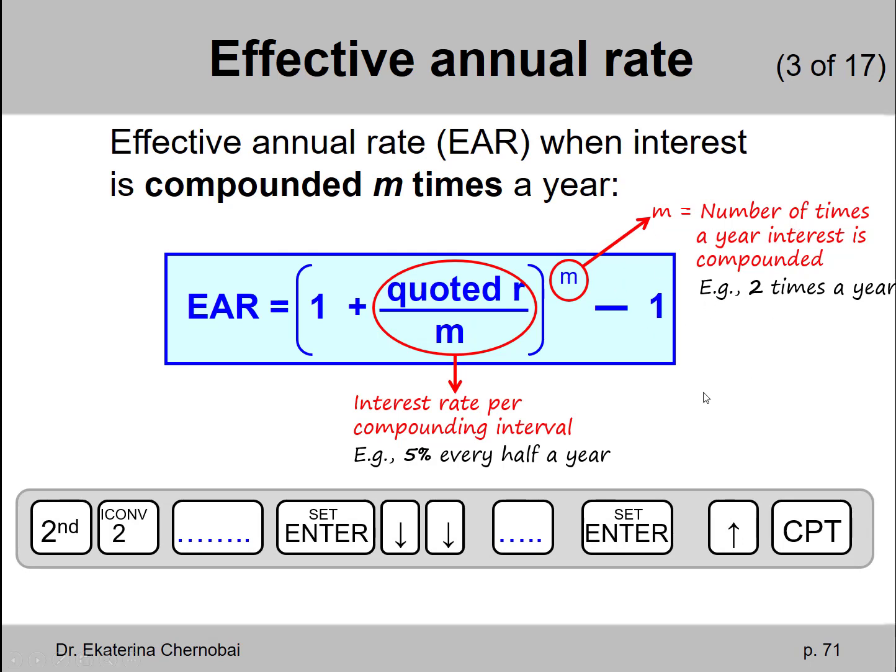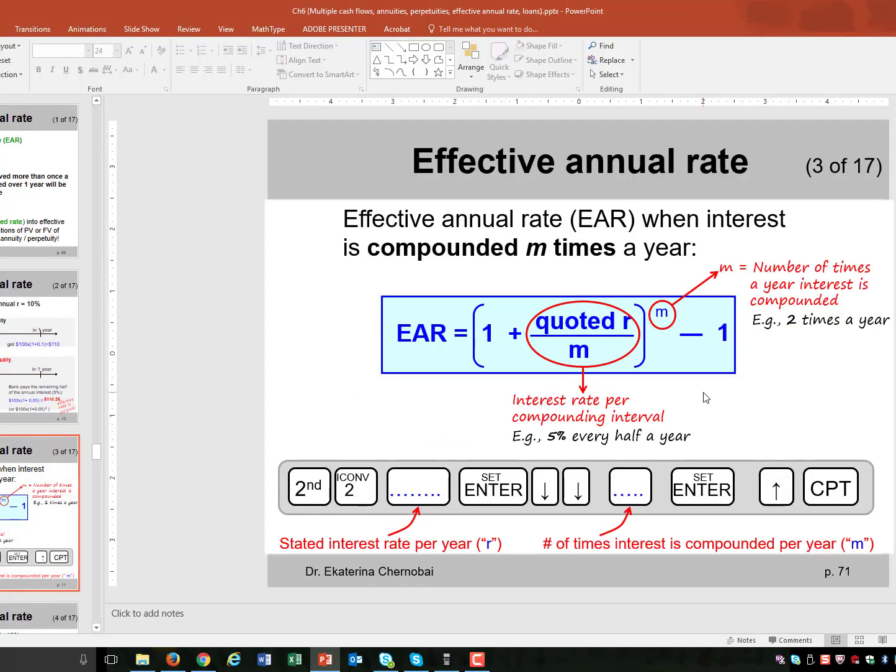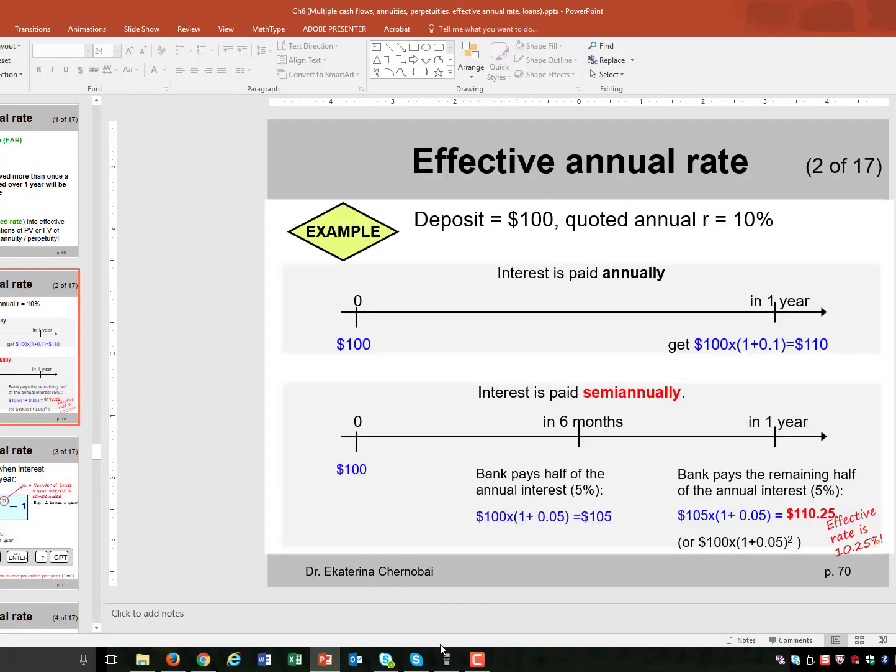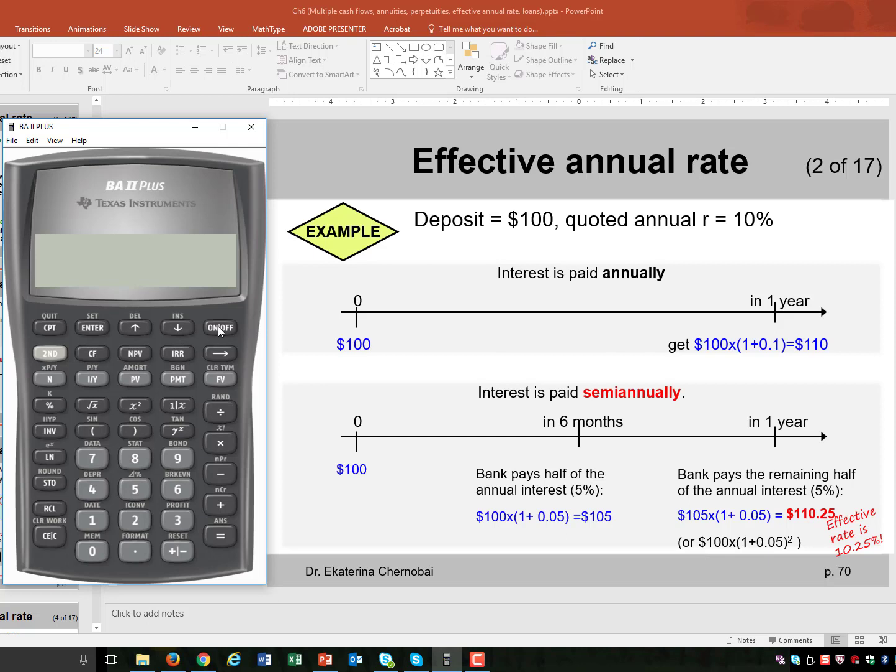Now, let me show you how you can do this in the financial calculator. Let's turn it on. Let's clear everything just to make sure it's not going to reuse something that we have stored. Second, plus minus, enter. Let's increase the decimal places.